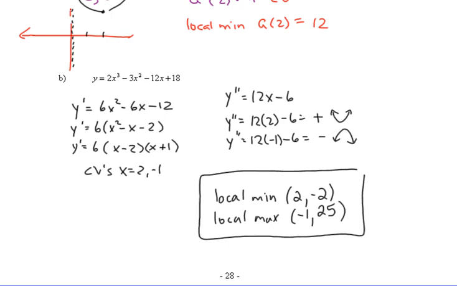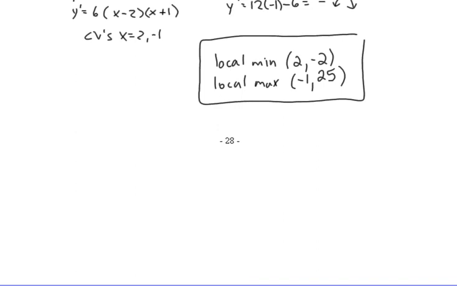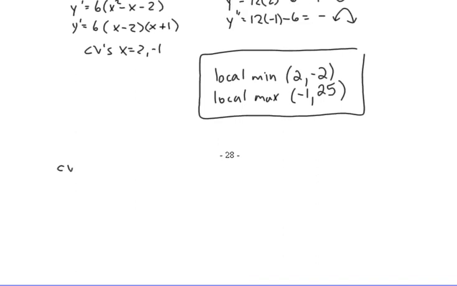Question for you before we go on to the next answer. If you have a critical value for f prime of c equal to 0, and you plug it into your second derivative and it gives you 0, what's happening? So let's talk about this.